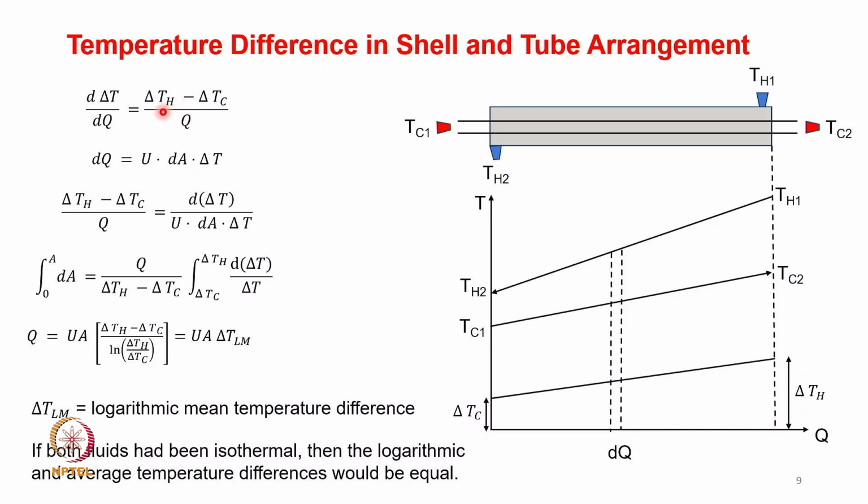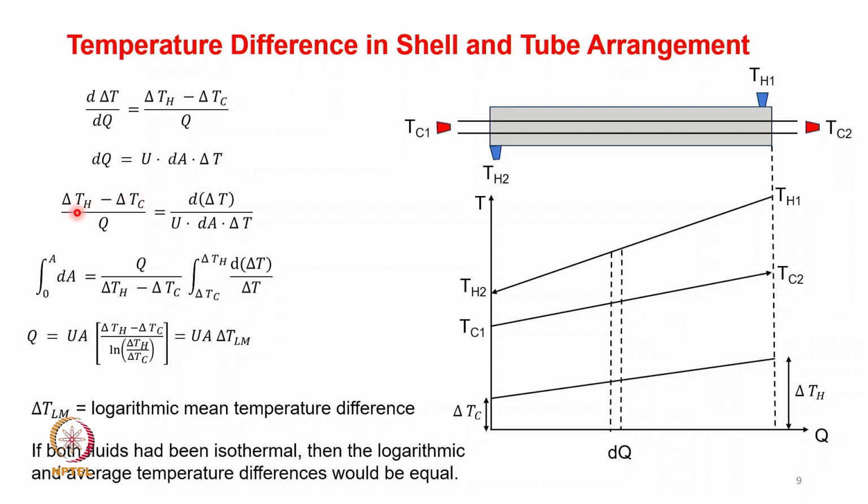So, d delta T by dQ would be computed as delta Th minus delta Tc, divided by the total Q. And we all know that dQ is U A delta T, and so dQ should be equal to U dA delta T.